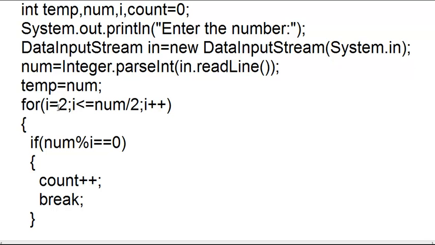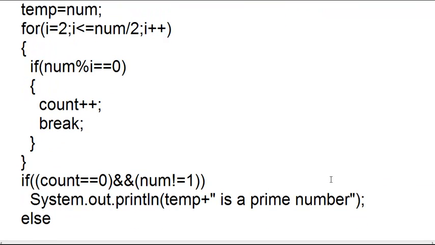Now we are not checking if 1 is a divisor, and also we are not checking if the number is divided by itself. So other than these two, if there are any other divisors for the number, it will not become a prime number. So in that case, the value of count will be incremented, and at the end of the loop, we will check if the value of count is changed.